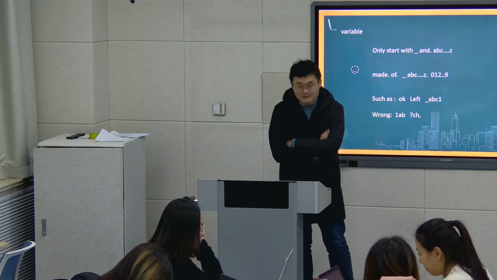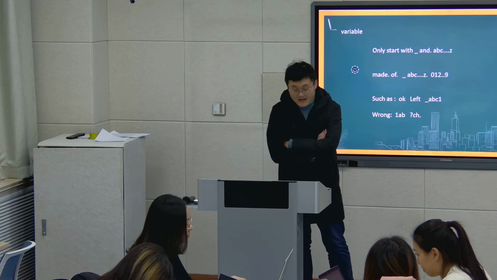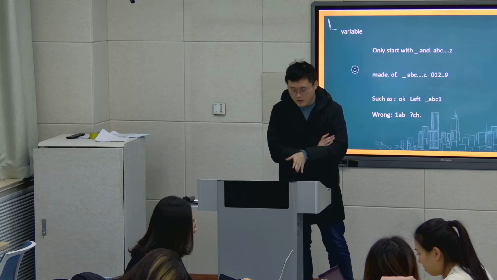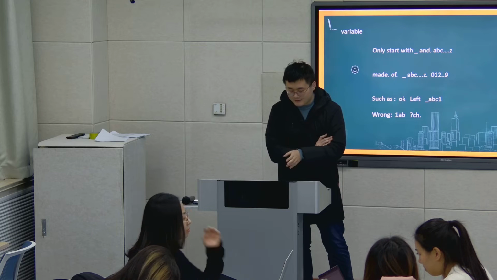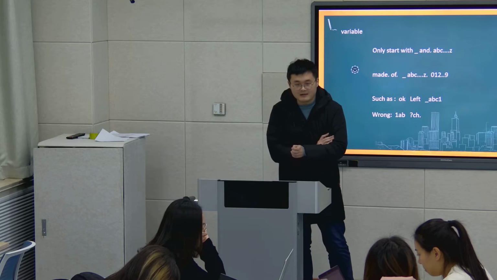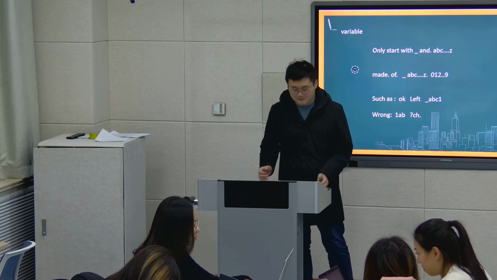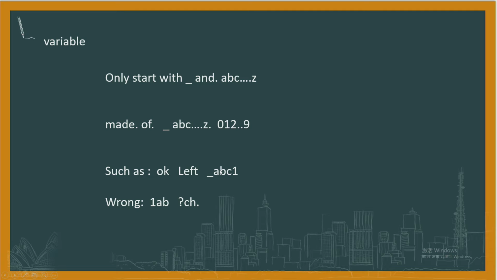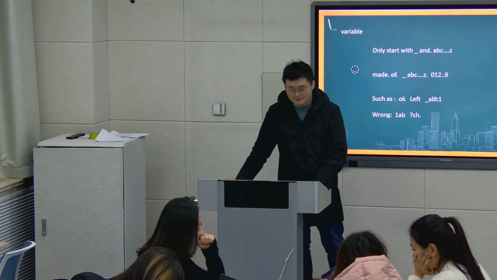The name must meet a line and ABCD, a word and a number 0 to 9, and we can't use other symbols. Such as, ABC1 is OK, but 1AB is not proper.